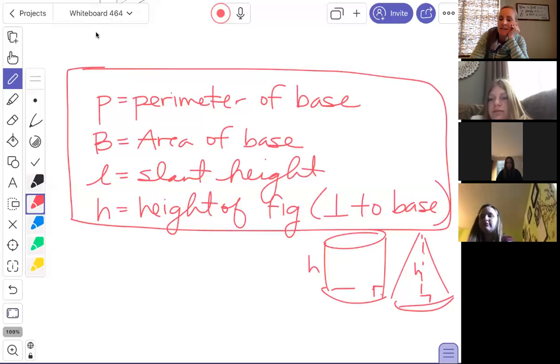I noticed on the formula sheet, for the volume of the sphere, it says 4/3 PR cubed. Is that P supposed to be pi? Yep. I was doing the homework and I was like, what is happening? Yeah, I realized. Is that radius?